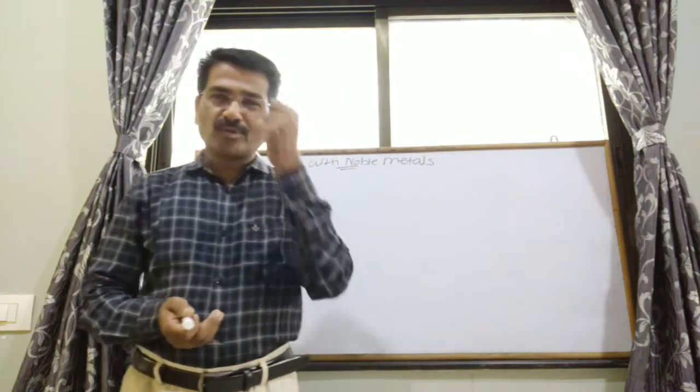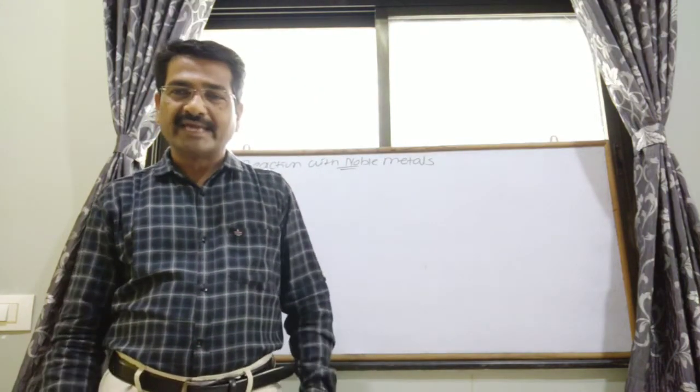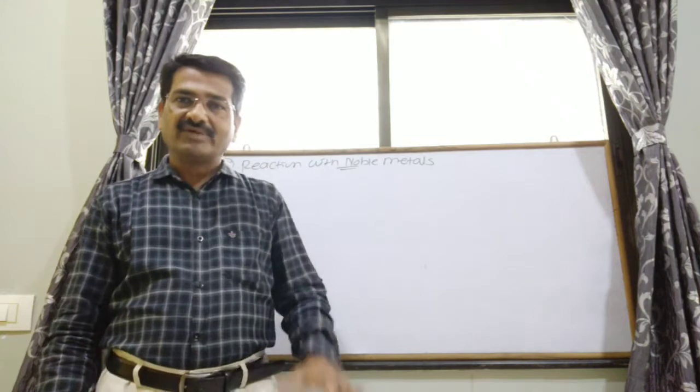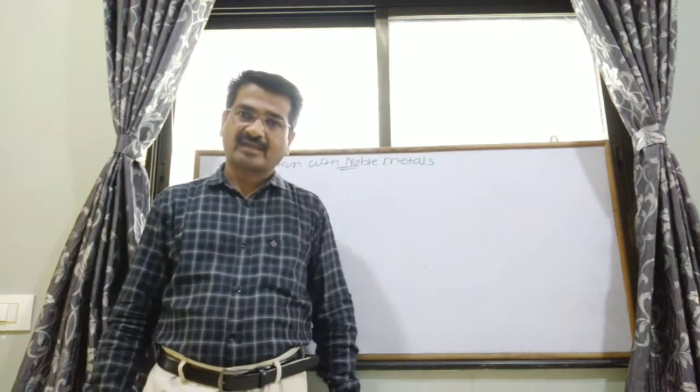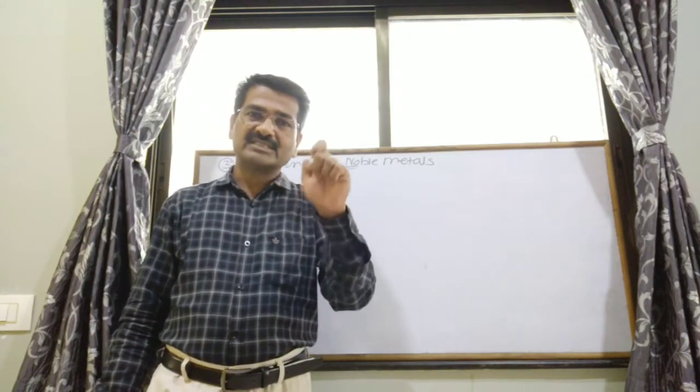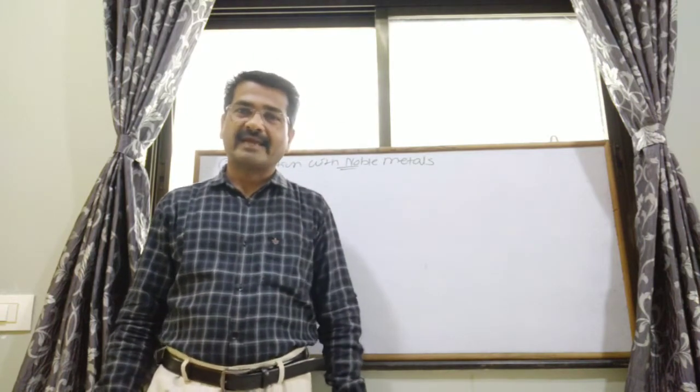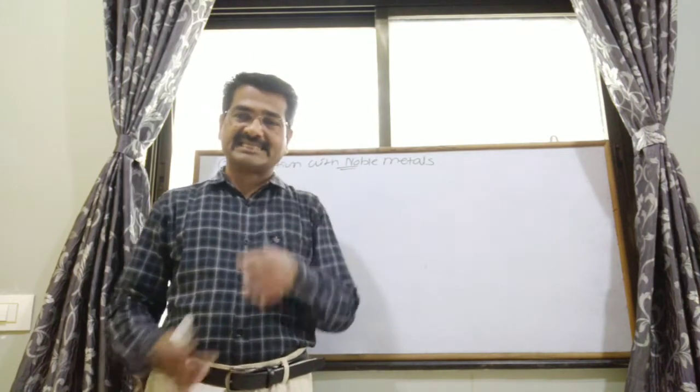So what is the reaction of noble metals with hydrochloric acid? For that purpose, firstly we prepare a mixture. For preparing the mixture, we require 3 parts of hydrochloric acid and 1 part of nitric acid.